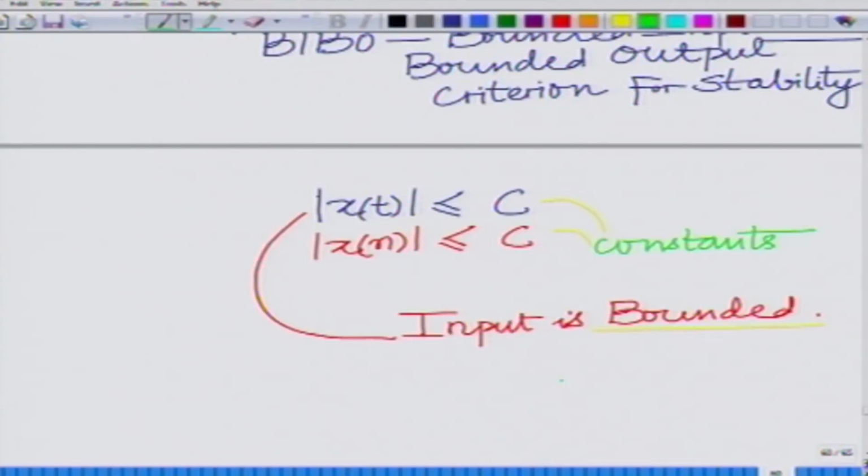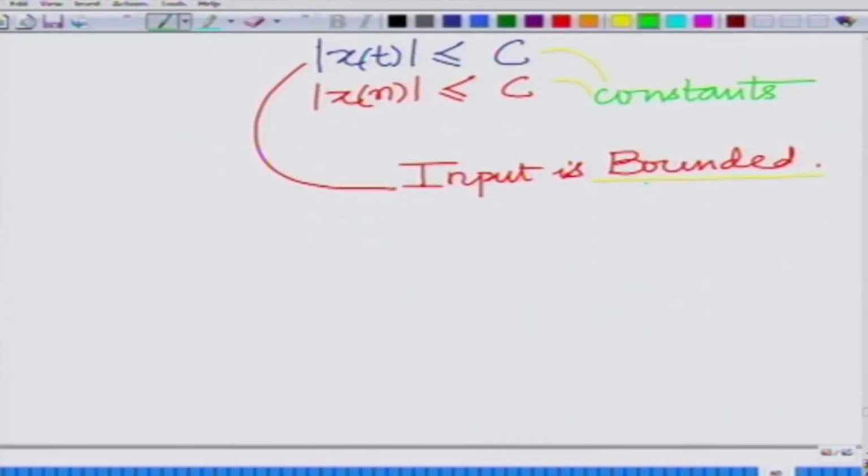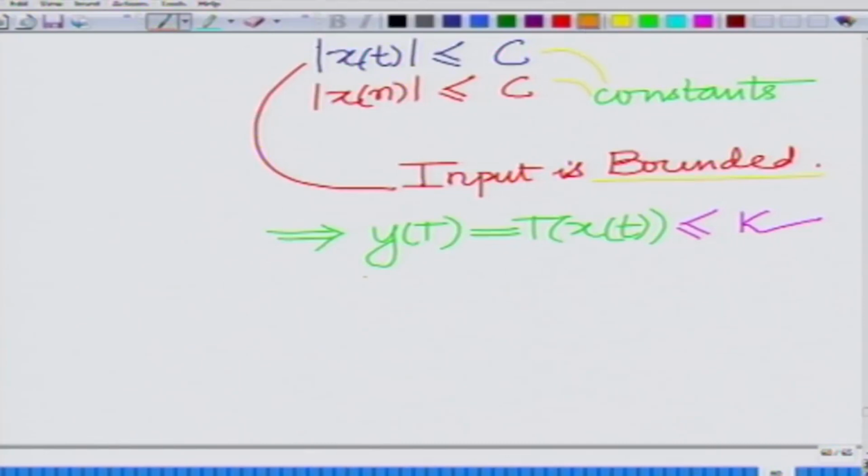If the input is less than some constant c, such bounded inputs produce bounded outputs, which implies y(t) equals T of x(t) is less than or equal to some constant k, or y[n] equals T of x[n] is less than or equal to constant a.